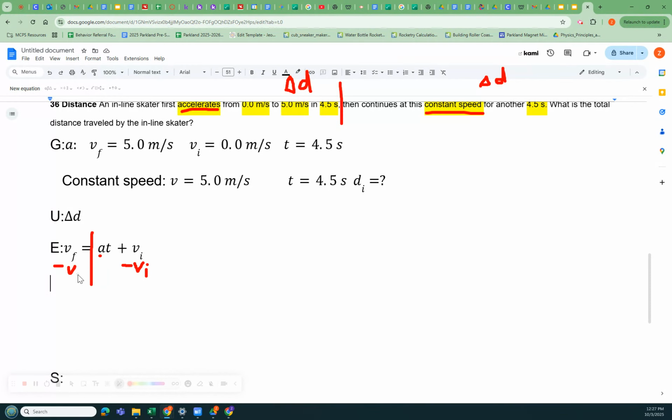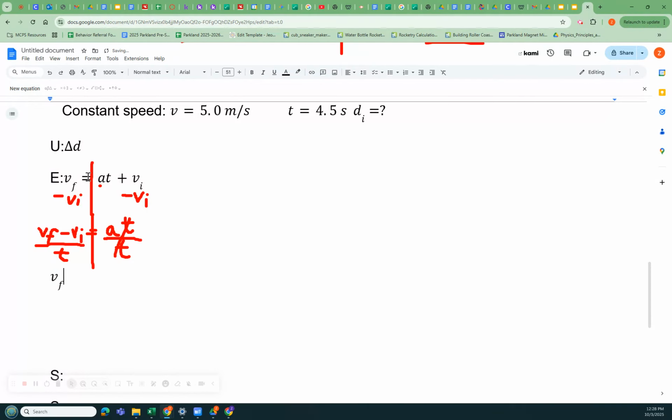VF minus VI divided by T equals A. And you may have just remembered that's what acceleration is. So I'll rewrite that: Vf minus VI divided by T equals A. All right. That'll get us the acceleration.